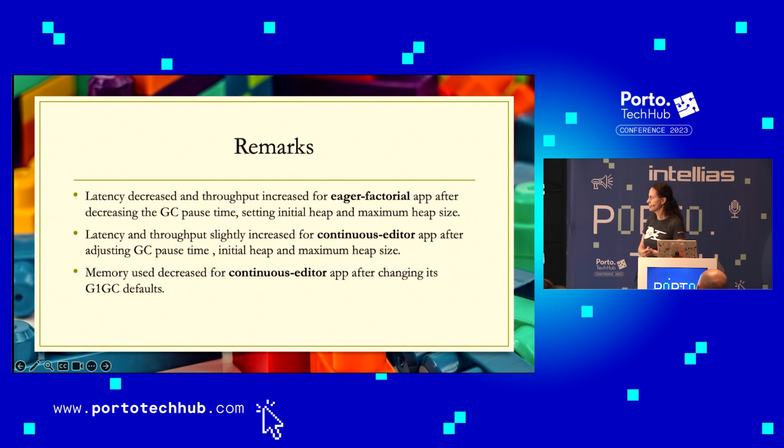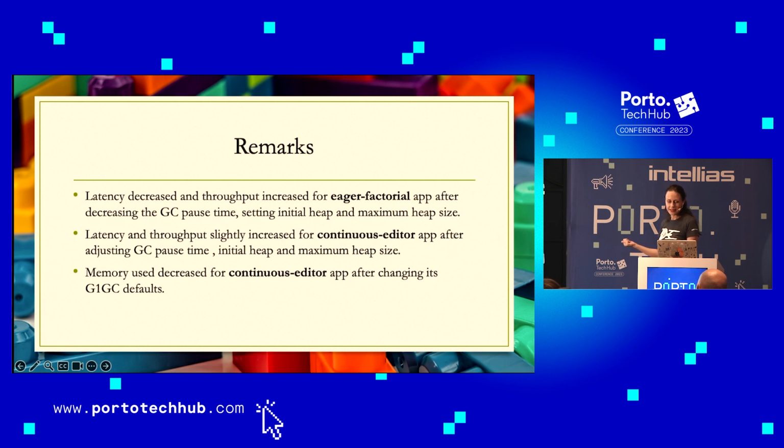For the other one, it stayed at the same level. So I managed to get quite an okay result, but as I said in the beginning, you cannot have everything, so you cannot see a major improvement in CPU usage or a major improvement in memory after adjusting the pause time and setting the memory. However, throughput and latency improved, so I'm happy with that.